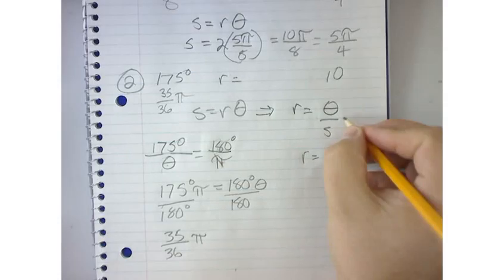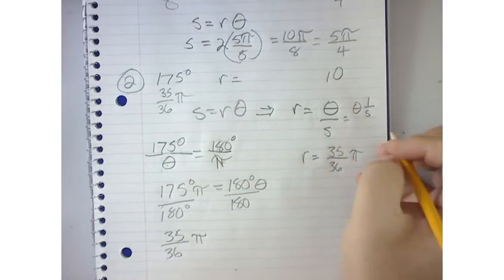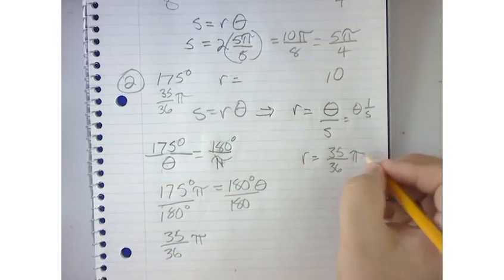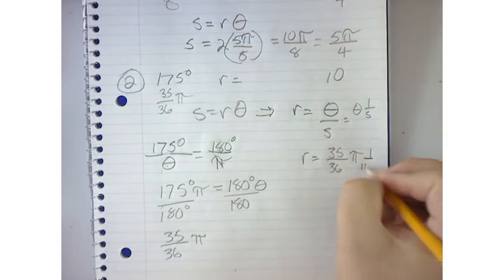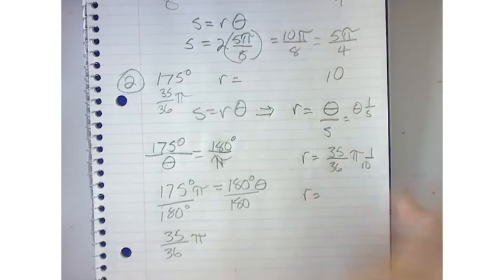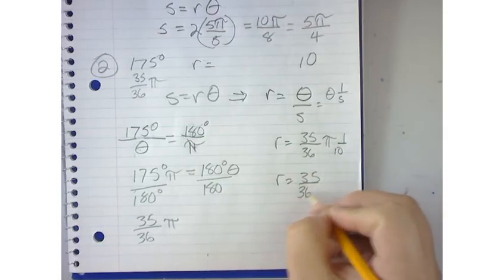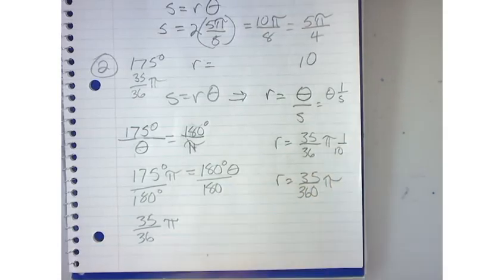Couldn't I write this as theta times 1 over s? Yes. Times 1 over 10. So my radius is equal to 35 over 360 pi.